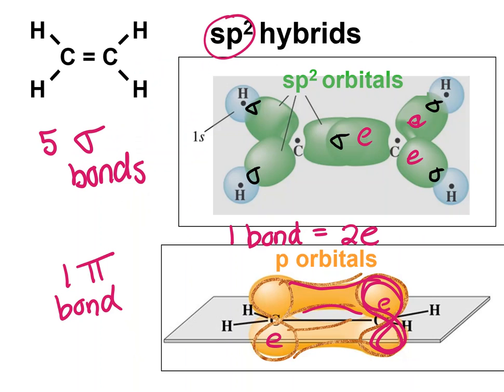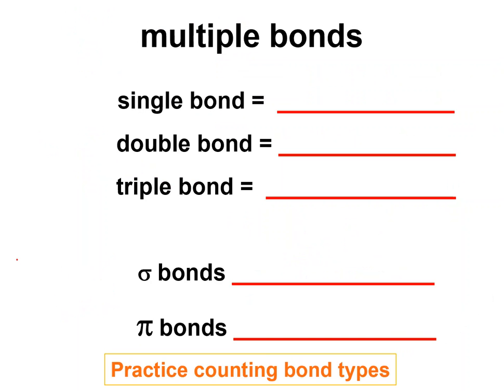And if you want to go back and look at this bond, it is a sigma and a pi. So let's go to that trend on the next slide. Whenever you have a single bond that involves the hybrid, it's a sigma.